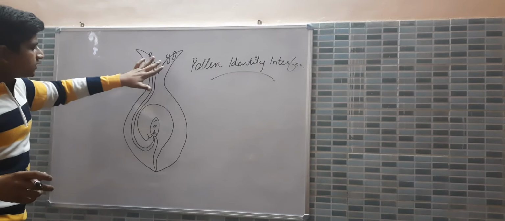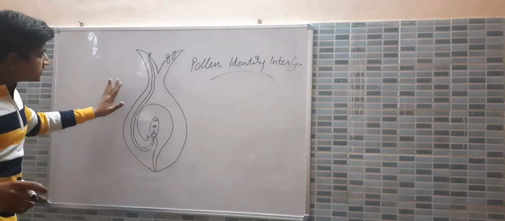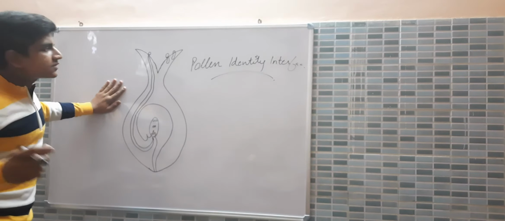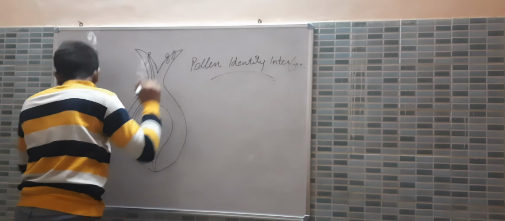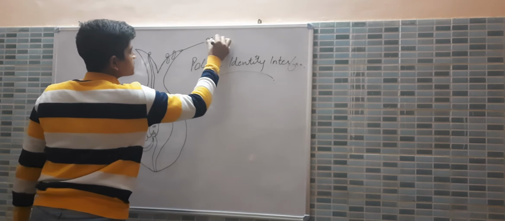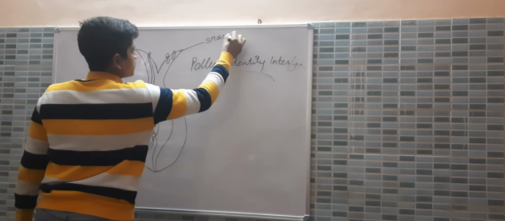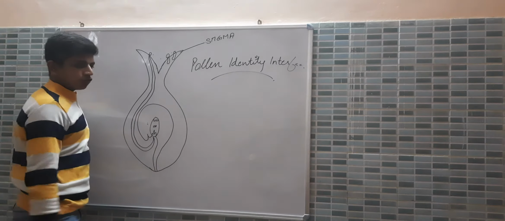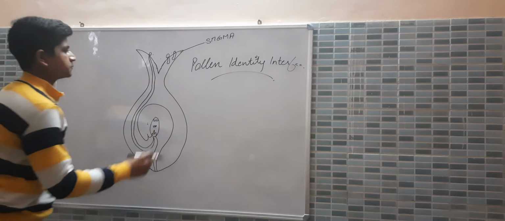From these three, the pistil has to choose just one, in which there is a part called the stigma hair. This stigma helps decide which pollen grain is better for this ovary or for this egg.